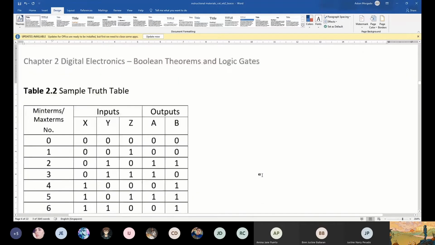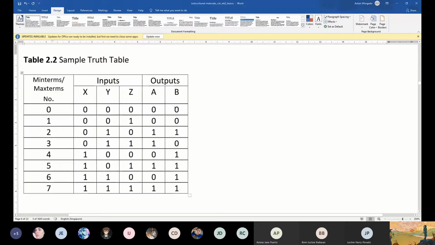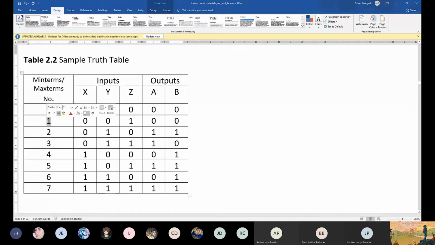Let's check. Maxterm 0 is 0. 1 is 0. And maxterm 3 is 0. Again, pi of 0, 1, 3 for B. Maxterm 0 has an output of 0, maxterm 1 has an output of 0, and maxterm 3 has an output of 0.